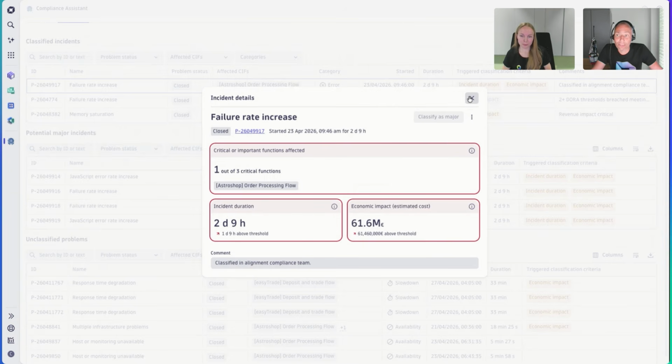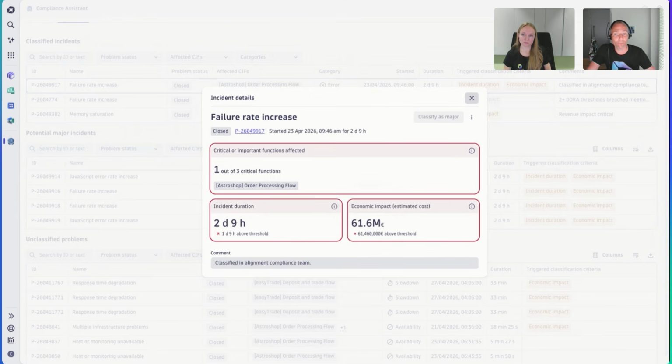Cool. So if I can recap, DORA, the framework, basically really specifies what is a major incident, like the economic impact, the time, and also whether business critical functions, the CIFs, as you call them, the critical important functions, are violated. And we make it super easy. So we bring all of this data to the compliance team and already basically say this is most likely a critical incident because you're violating the incident duration, the economic impact, and you have 1 out of 3 critical functions affected.